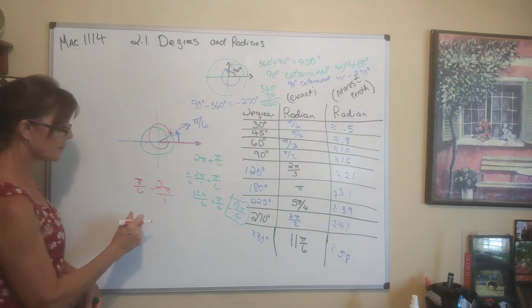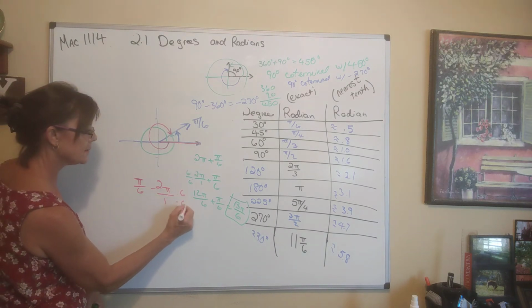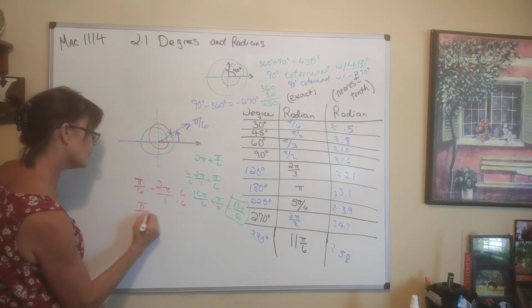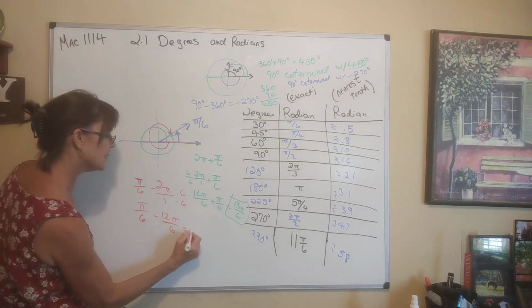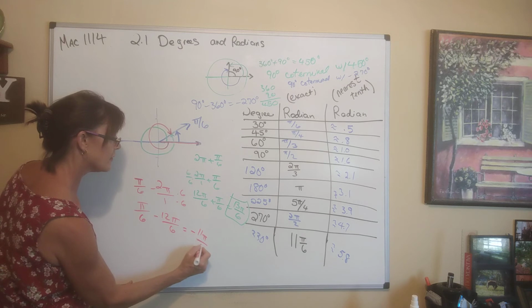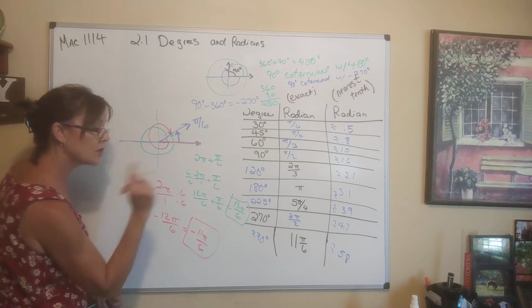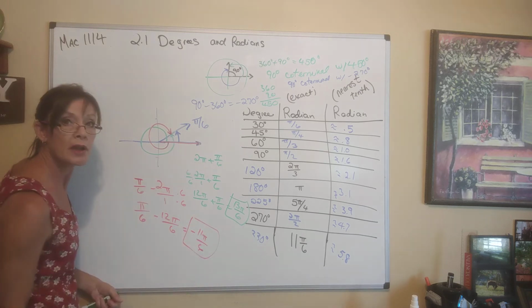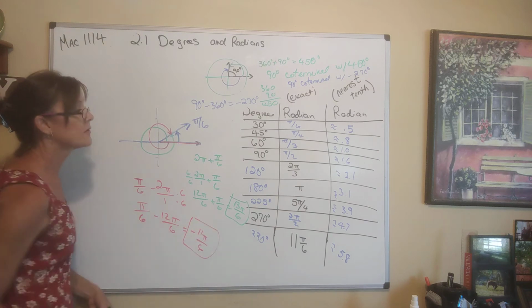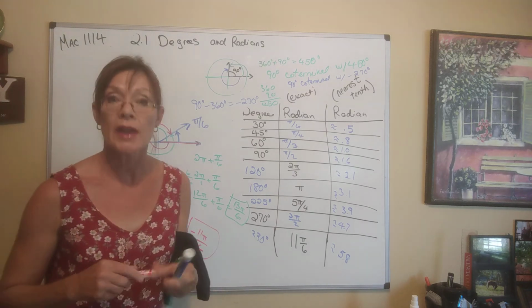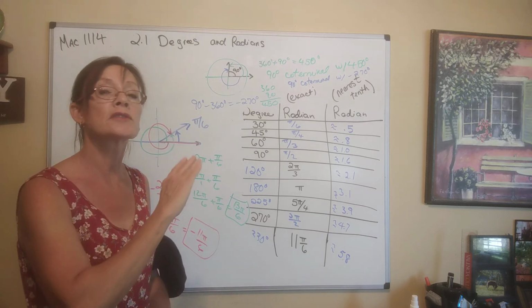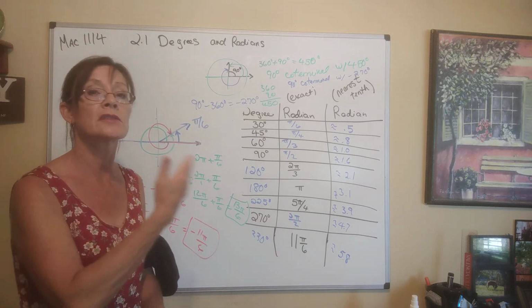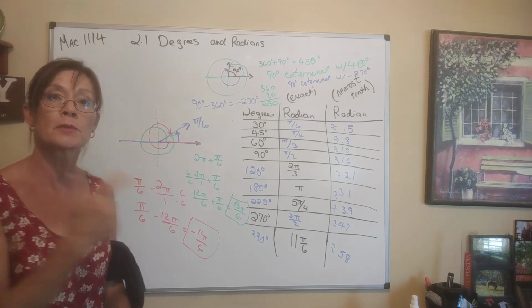If you give that a denominator of 1 and multiply by 6, this is pi over 6 minus 12 pi over 6, which gives me negative 11 pi over 6. So pi over 6 is coterminal with negative 11 pi over 6 and 13 pi over 6, plus a bunch of other angles. We could just keep adding 2 pi or subtracting 2 pi, and you'll get more coterminal angles.